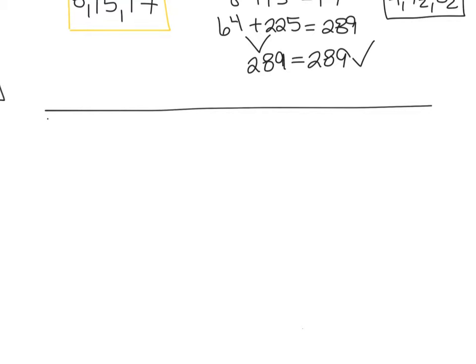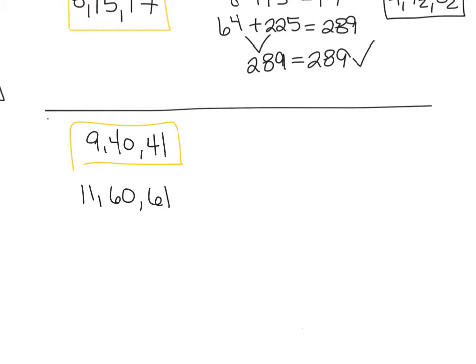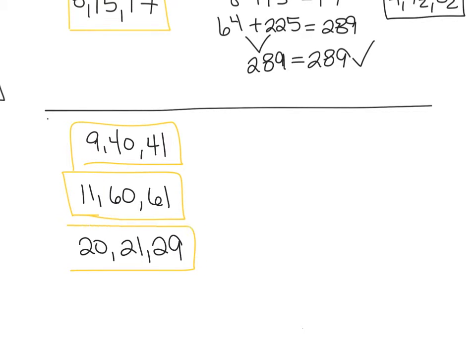So 4 more families. We're not going to do the Pythagorean theorem with them, but we have the 9, 40, 41 family. We have 11, 60, 61 family. 20, 21, 29 family.